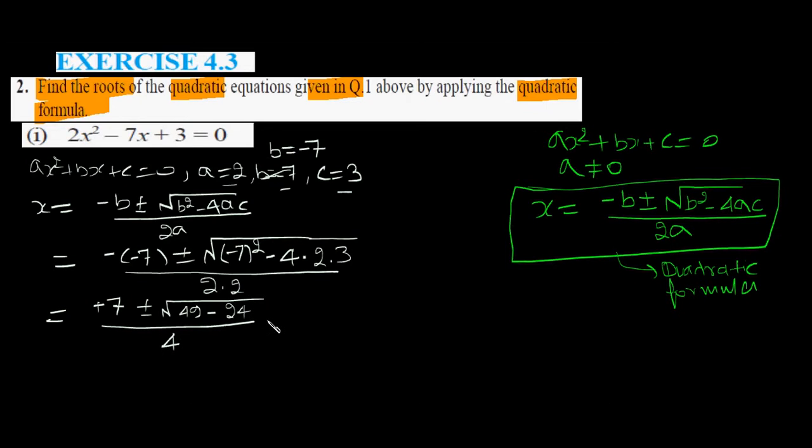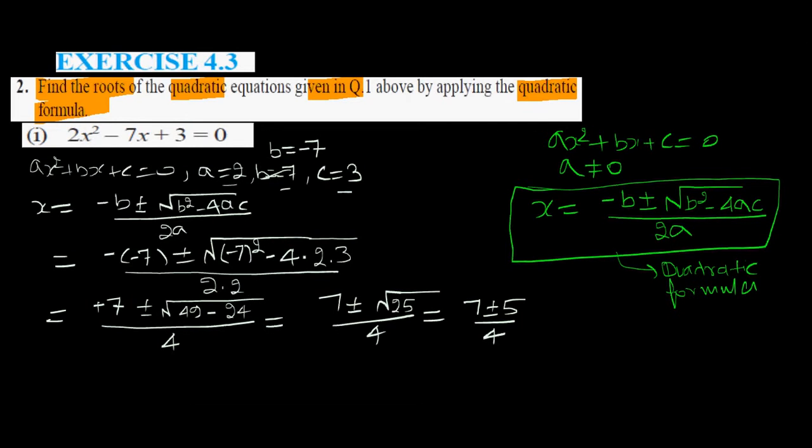Further simplifying, this becomes 7 plus minus square root of 49 minus 24, which is 25, upon 4. The square root of 25 is 5, so this is equal to 7 plus minus 5 upon 4.